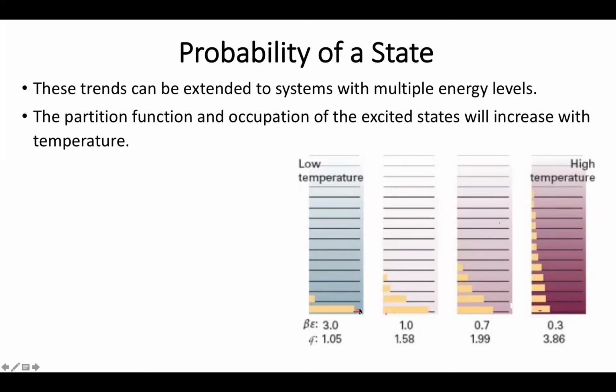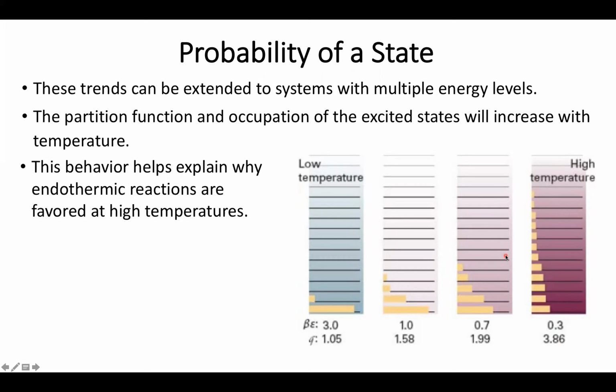And you'll notice that you can even see this with maybe the first excited state, where there's this crucial middle ground where it becomes highly occupied. And then as you increase the temperature further, its probability also goes down because that partition function essentially plays a much larger role in driving the population of these high states at high temperature.